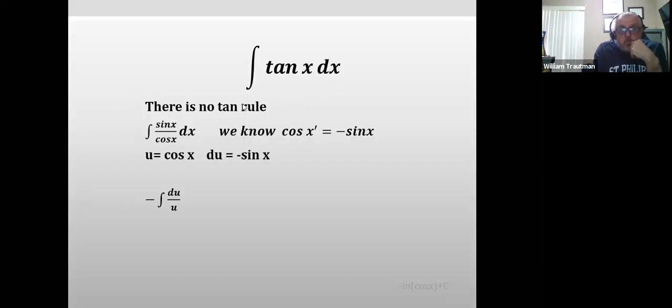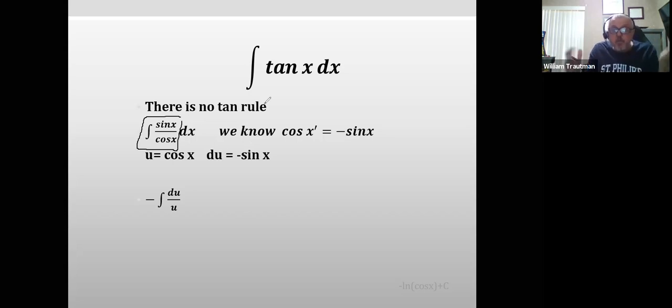Okay, so let's see how this looks. We just changed it. Tangent is sine over cosine. And if we're sticking with the natural log rule, since we're in that section, then we're going to call the bottom, once again, u. U is the cosine of x.